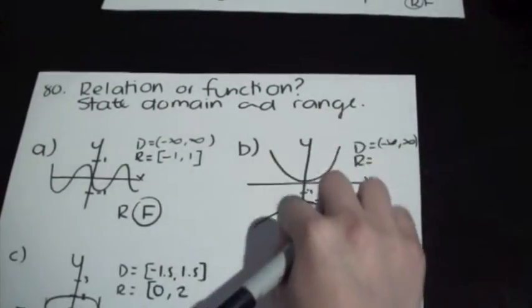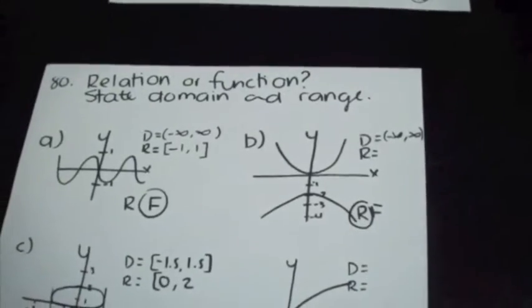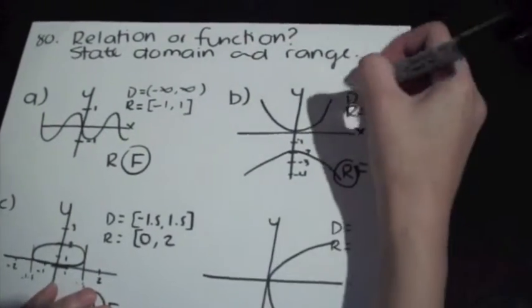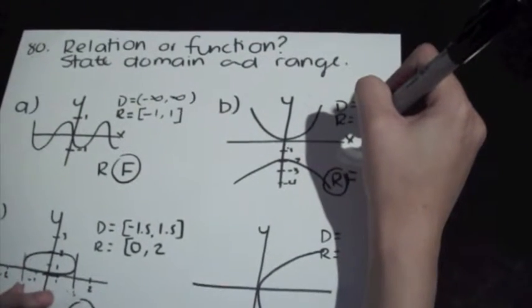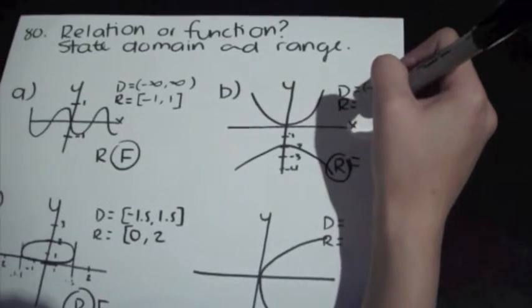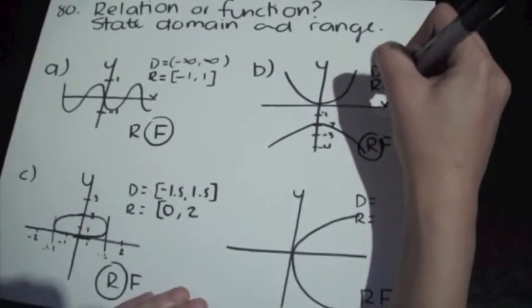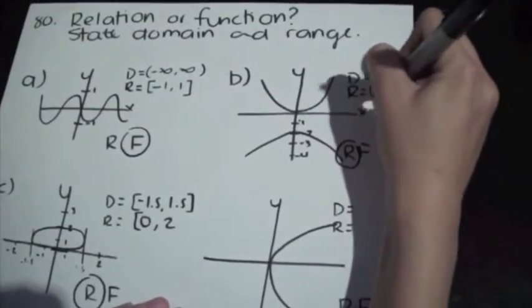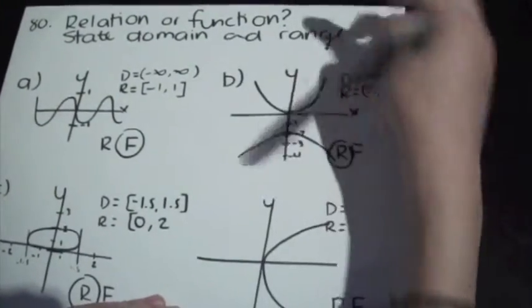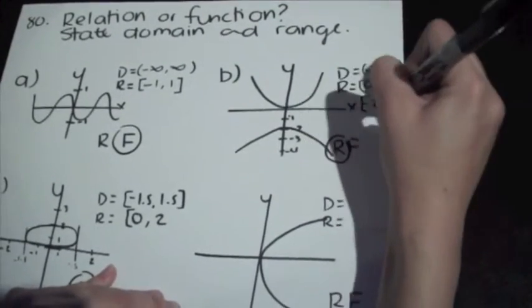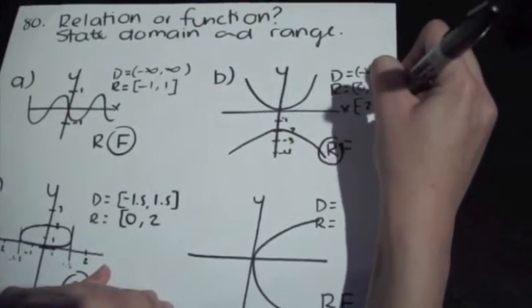Our range, since we have two different things, we can observe it is zero, which is here, to infinite, which goes here, and for the other formula, negative 2 to negative infinite.